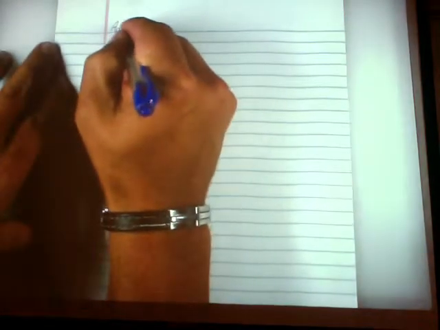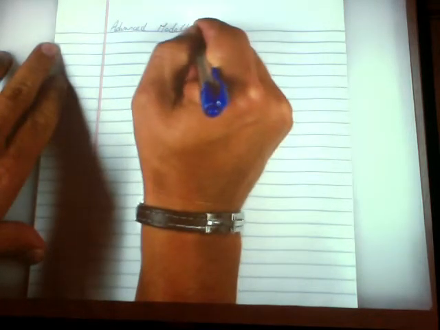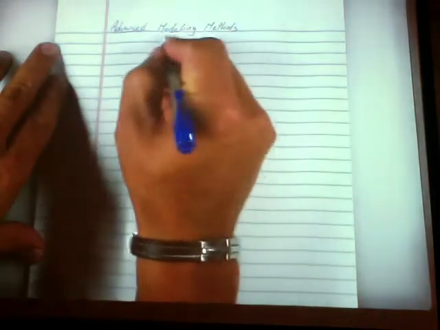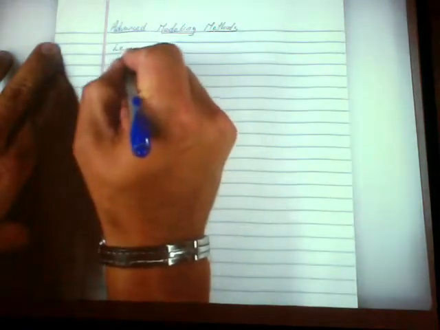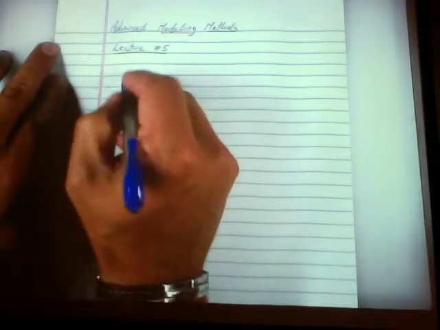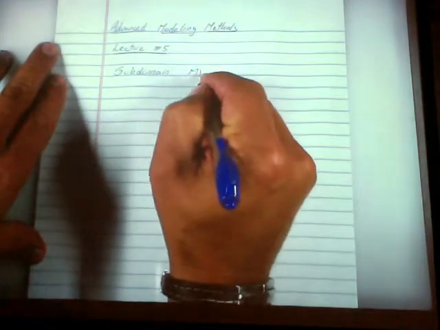Now let's look at another class of method of weighted residuals. Advanced modeling methods, we're up to lecture 5, and we're going to look today at the subdomain method of weighted residual.